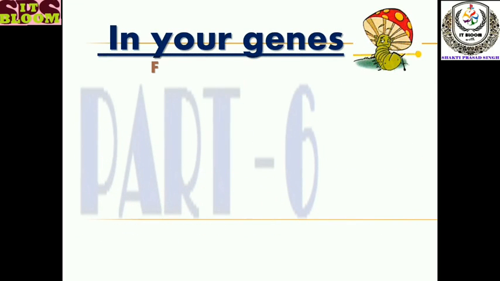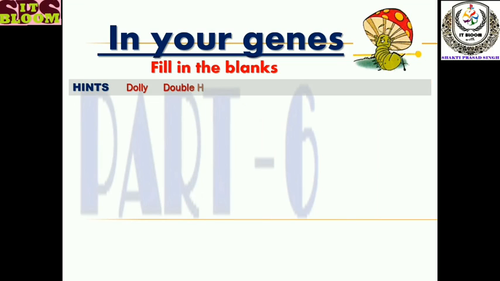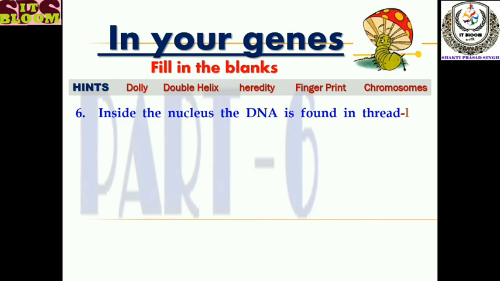Move further. In the same chapter, fill in the blanks continued. Here are the hints. 5 hints will be there. Now here is question number 6. Inside the nucleus, the DNA is found in thread-like structures called, yes, chromosomes.